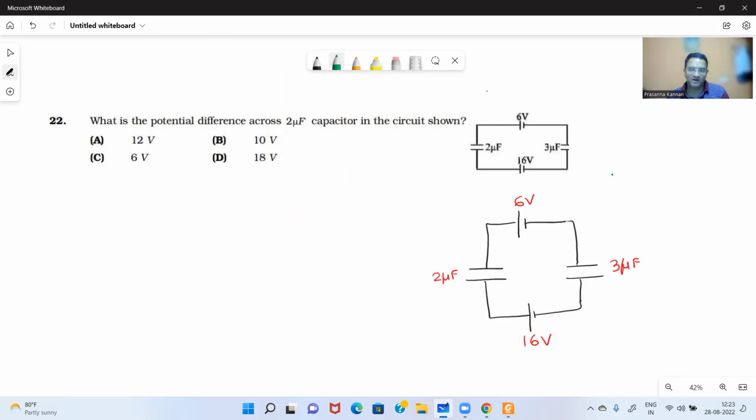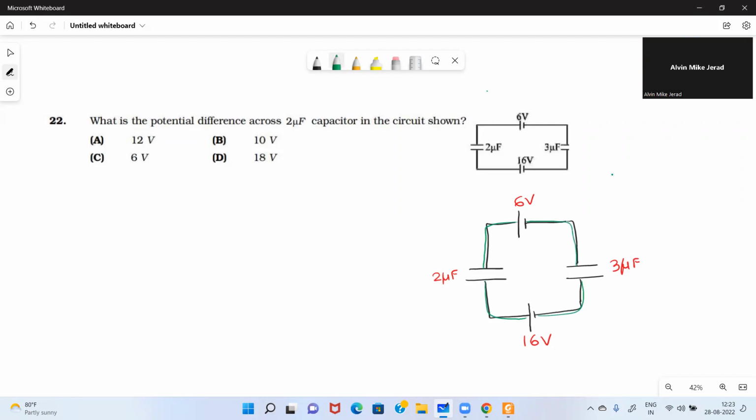How are the 2 microfarad and 3 microfarad capacitors connected? Parallel. Are you sure, Alvin? Series, sir. Series, because this is just one loop.